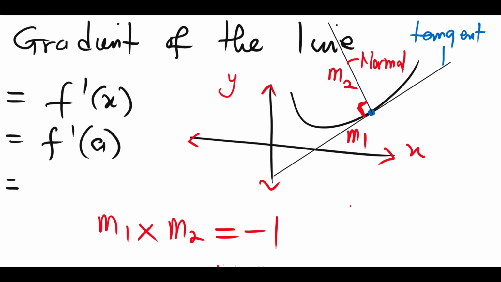So if you know the gradient m1, to get your m2, you just take the negative reciprocal of m1. So we can say that m2 will be equal to the negative reciprocal of m1. This is how we go about it.